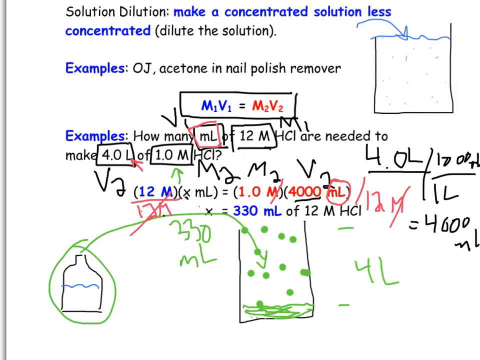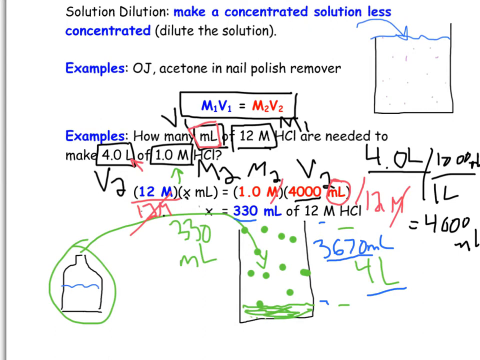And then I would top the rest of that off with water to fill that remaining amount up to the 4 liter mark, which would be equal to about 3,670 milliliters of water, because 330 milliliters of acid that I added plus the 3,670 milliliters of water would give me my 4 liters of desired solution.